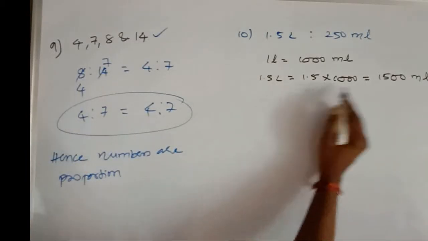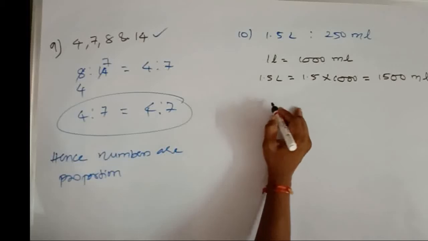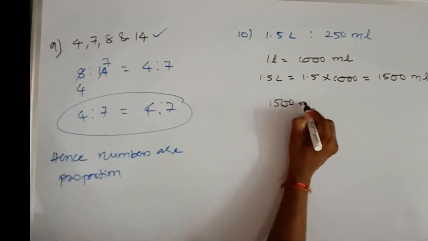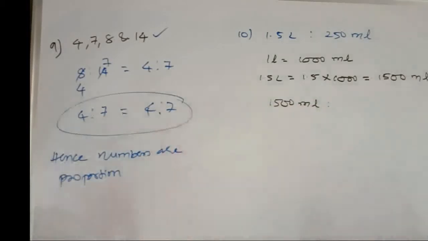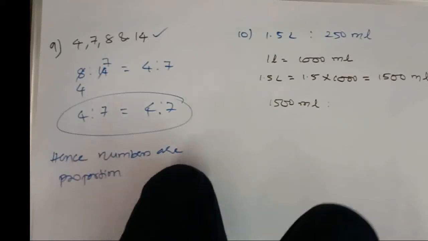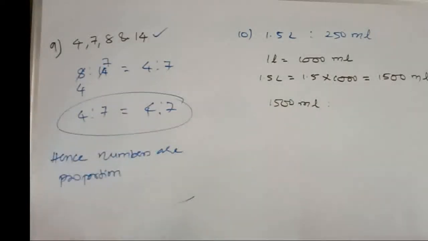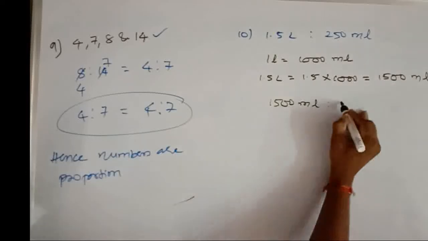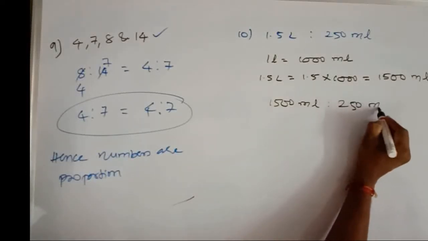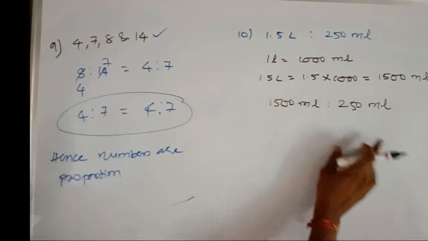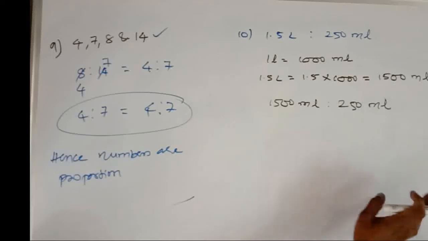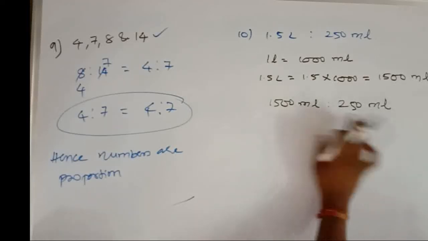So wherever 1.5 liters is there, I'm going to take 1500 ml. So 1500 ml is to 250 ml. While doing ratios, the unit should compulsorily be the same. Both sides have milliliters.